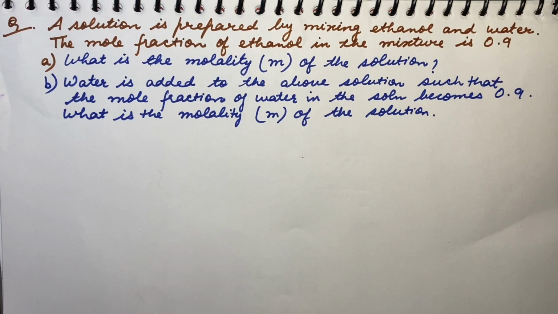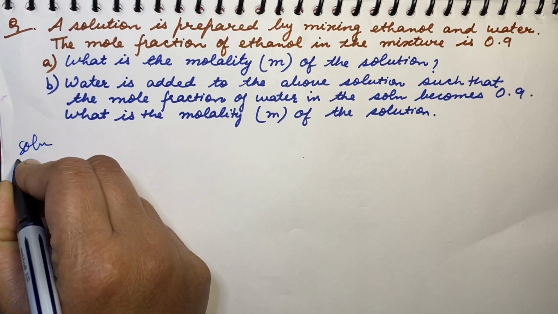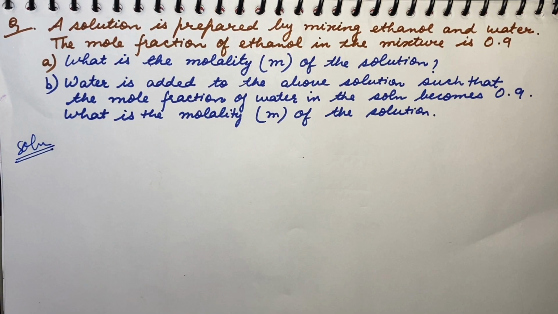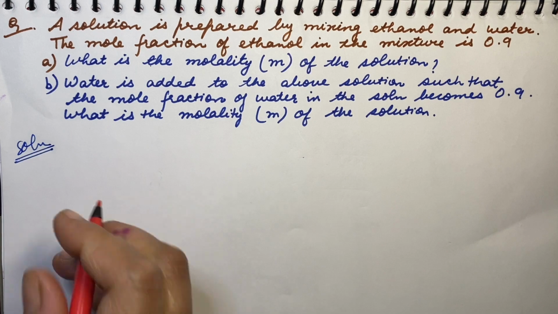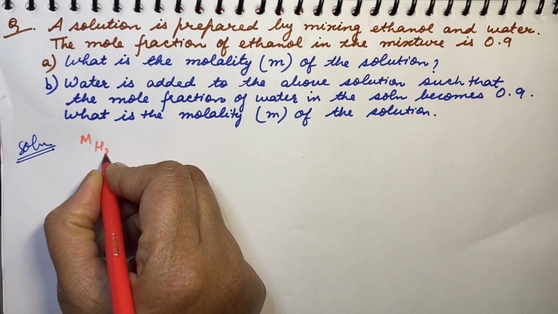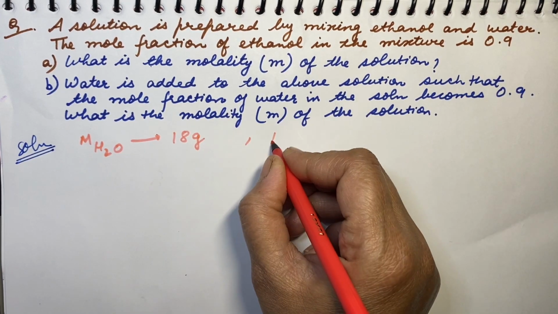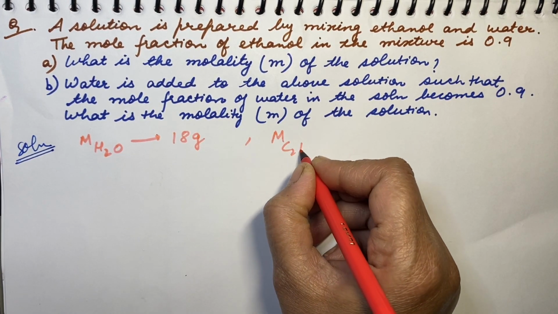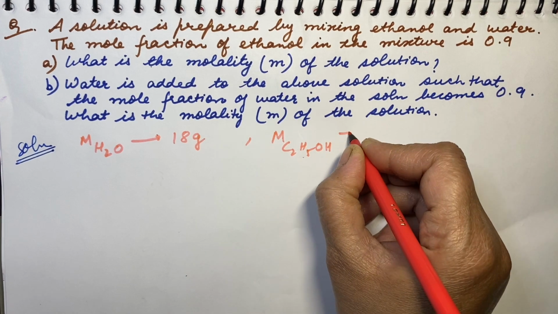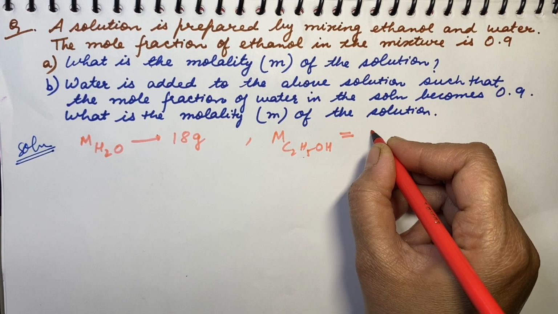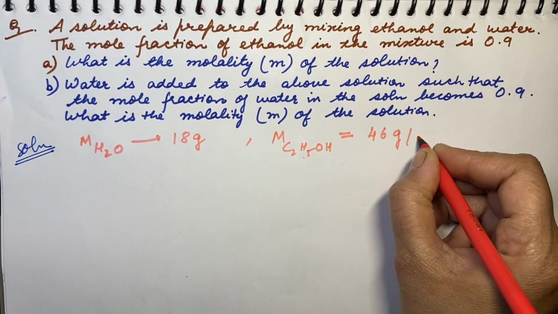A solution is prepared by mixing ethanol and water. The mole fraction of ethanol in the mixture is 0.9. From this, we can say that the molar mass of water is 18 grams, whereas the molar mass of ethanol, C2H5OH, comes out to be 46 grams per mole.